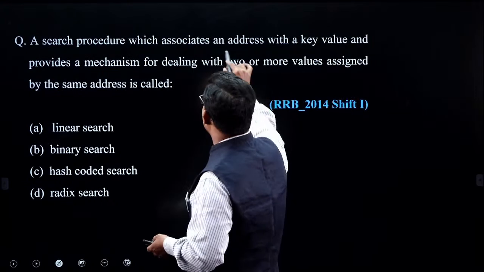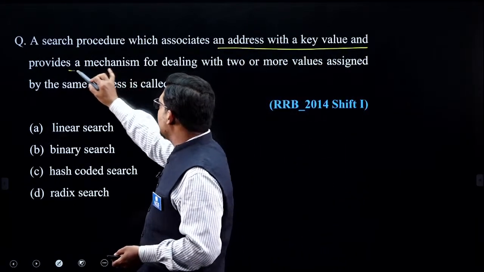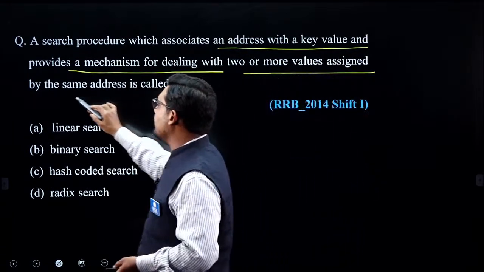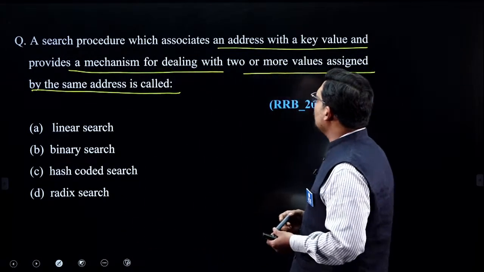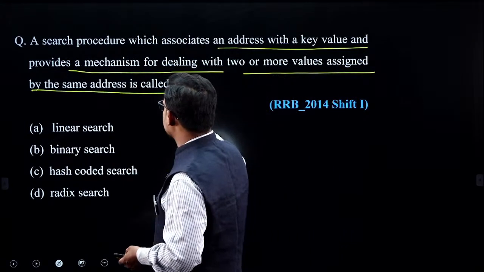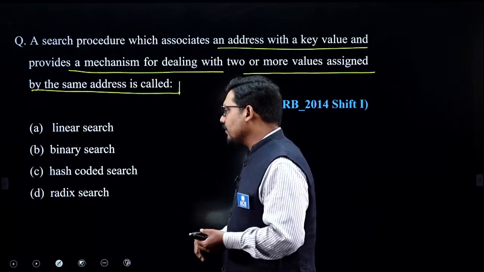A search procedure which associates an address with a key value provides a mechanism for dealing with 2 or more values assigned to the same address, is called what? Here, in any of these searches, we never do this.